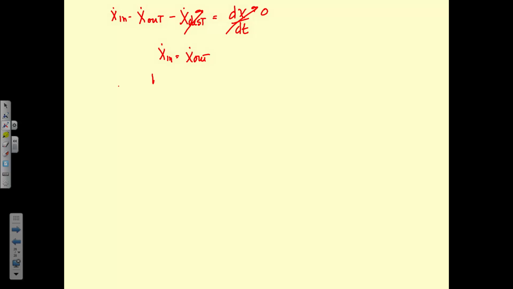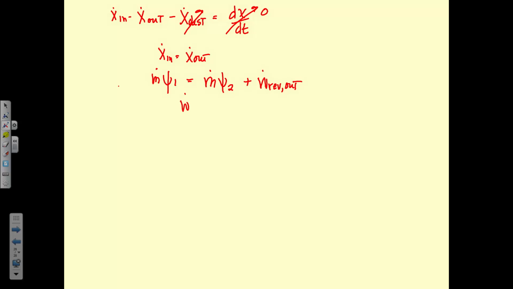So coming in, we have mass flow times the flow exergy of state 1 equal to the mass flow times the flow exergy of state 2 plus our work term. We have some reversible work output from this system.